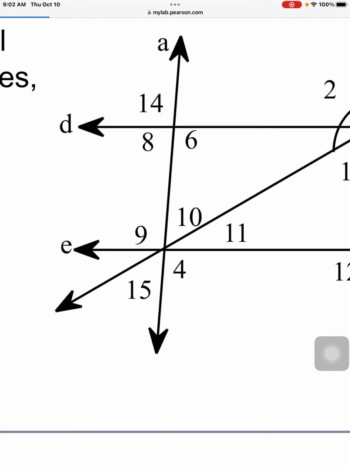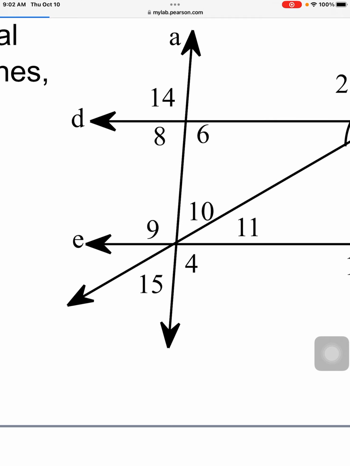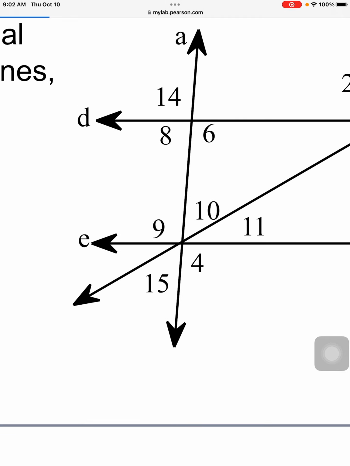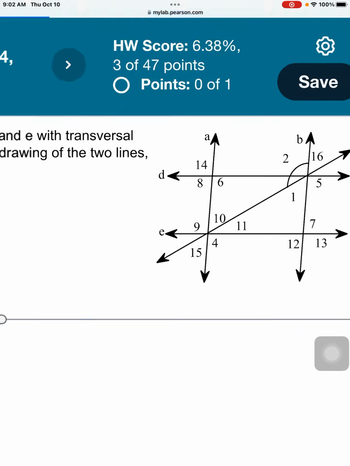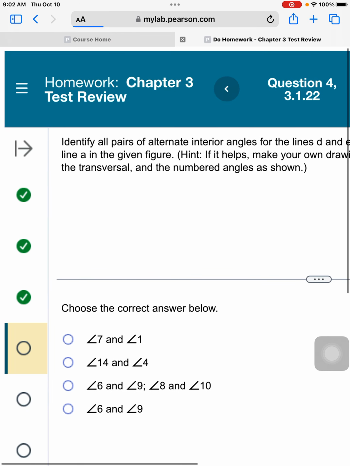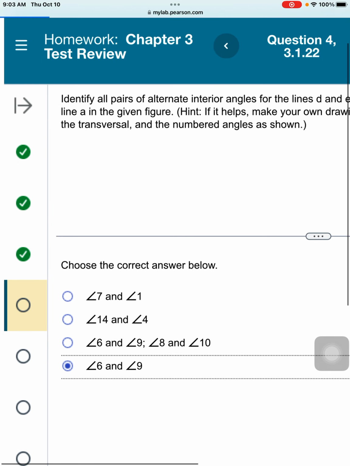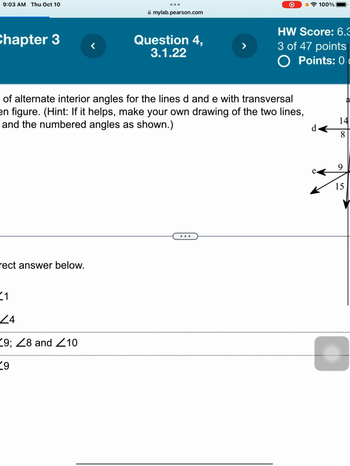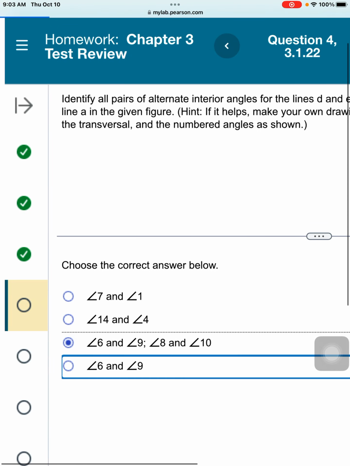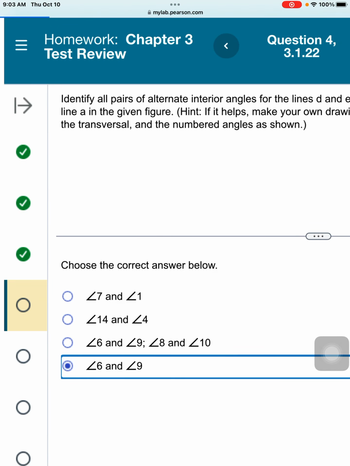But the 8 would be 10 and 11, because remember, guys, 10 and 11 make up that entire alternate interior angle that 8 would be congruent to, not just 10 and not just 11. So 6 and 9 are the only pair of alternate interior angles. Look, they even tried to trick us with this one, but we know that that is not the case, okay? Please don't get confused by that.